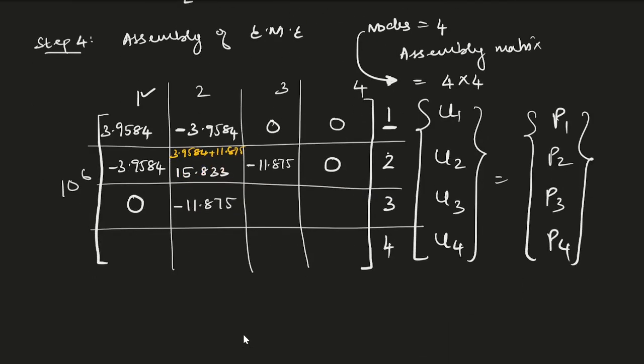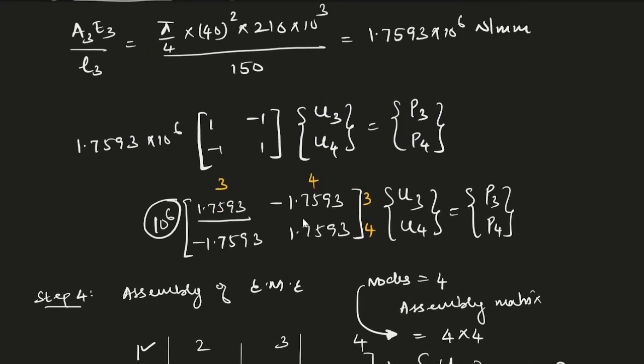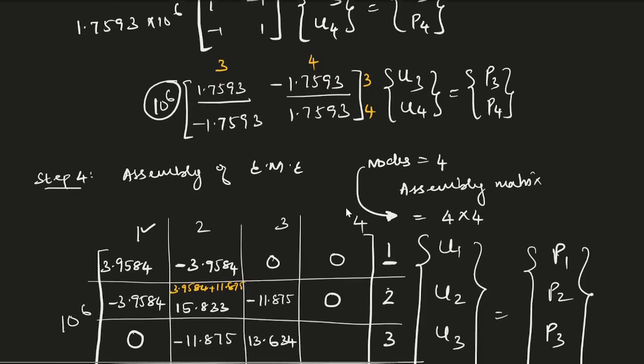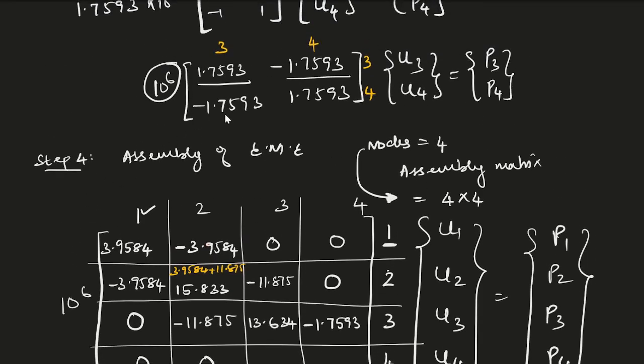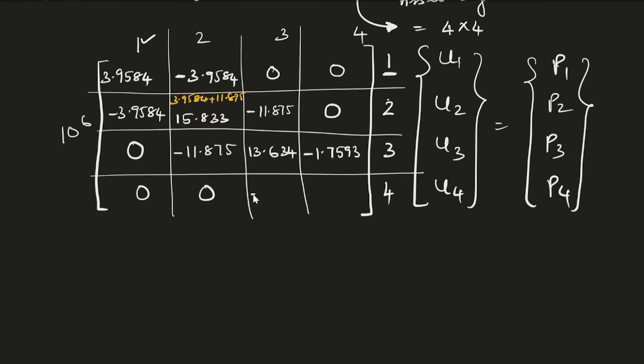When you add both, we get 13.634. Similarly, 3 comma 4 is minus 1.7593. Then 4 comma 1 is 0 and 4 comma 2 is 0. Now the two values left are 4 comma 3, which is minus 1.7593, and 4 comma 4, which is plus 1.7593.